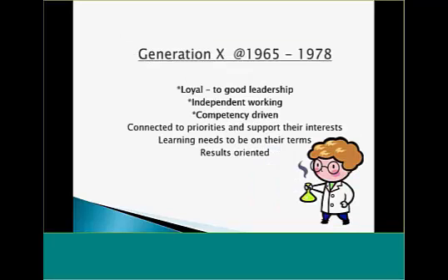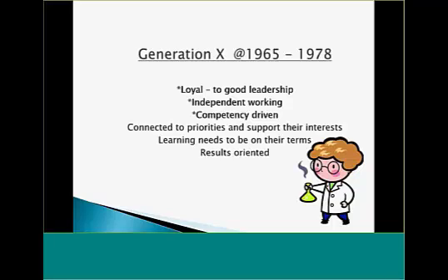The next one, the Generation X group. These are the students that are born around 1965 through 1978. Now, here's the caveat and the difference. They're loyal, but typically only to good leadership. As opposed to the last generation we just talked about, being very team-oriented, Generation X is all about independent working.